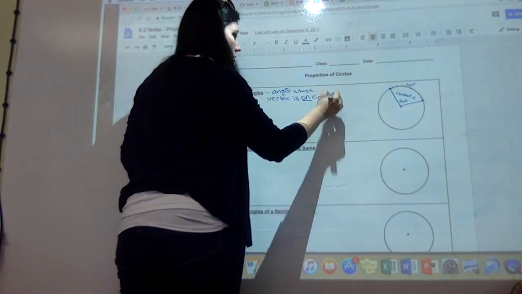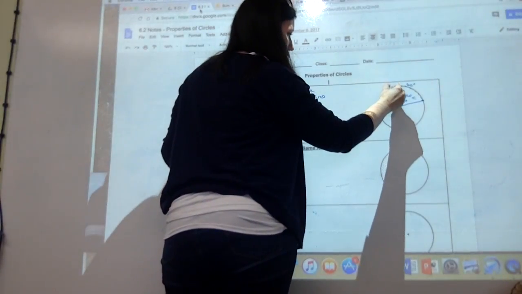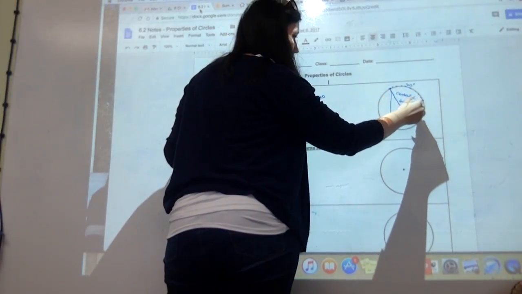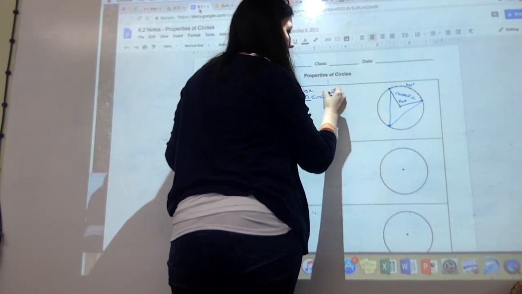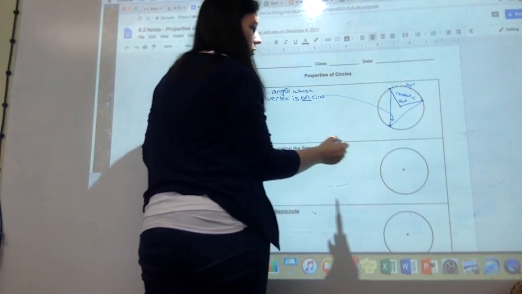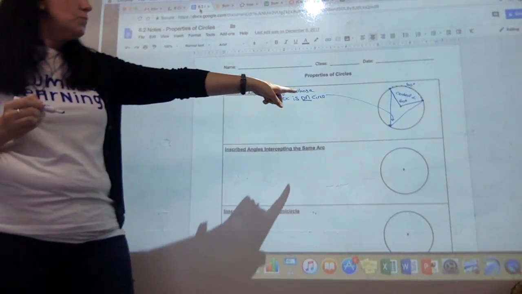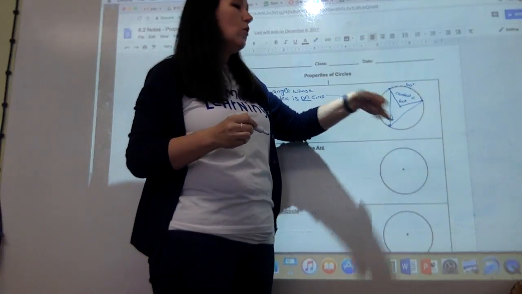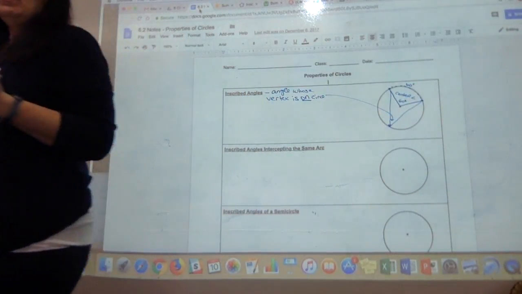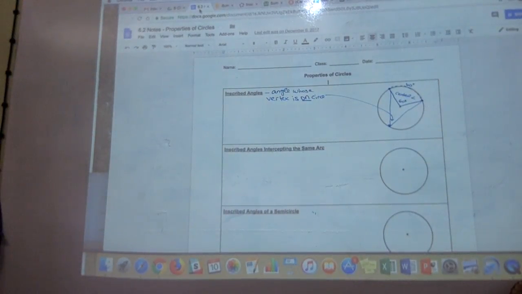Okay, so I could go somewhere down like this, and this would be the inscribed angle. If I made my central angle 60 and the arc 60, what would be the measure of my inscribed angle? 30. Good.